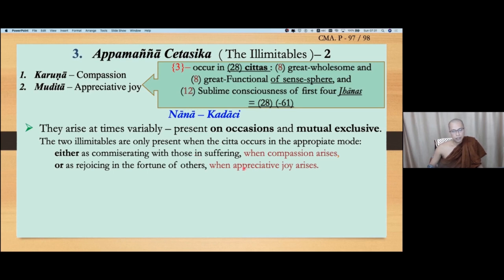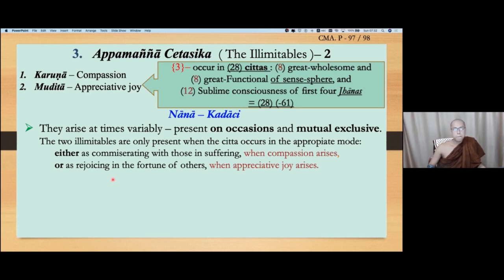And only when a person rejoices in the fortune of others does the appreciated joy, mudita, arise. That is why the object of appreciated joy, mudita, is the beings in fortune, or the beings with pleasing happiness.